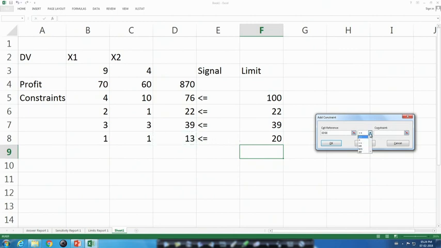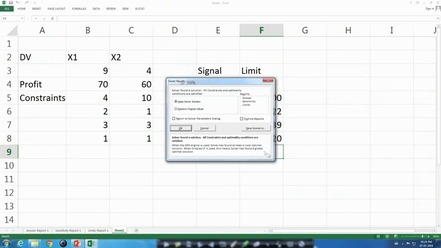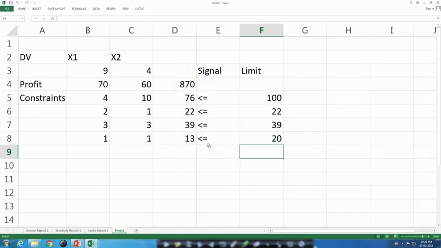So, the signal is less than type, and the constant limit is actually here 20, and then again you put OK. As a result, the third constant is added into the process, and then again look for the optimum solutions, and then OK. So, this is what the solution is all about. It is again coming 870, and it is again satisfying the criteria.